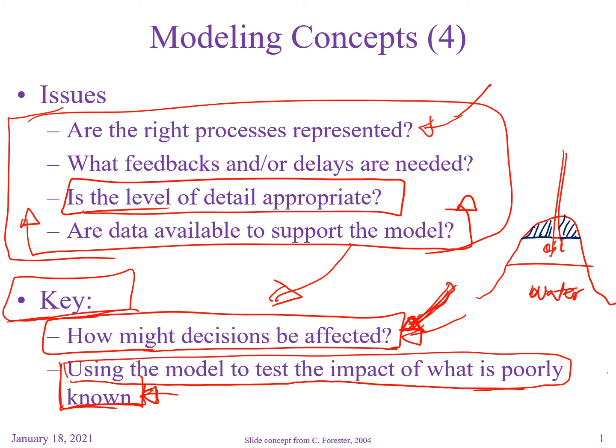But let's assume part of the input parameters to the simulation model that you don't know is the bubble point pressure. So the bubble point pressure is poorly known. So we just use an estimate from, say, a nearby field. Well, whatever simulation results you get will be haunted by the fact that the bubble point pressure is not well known. And the bubble point pressure is what determines when the gas comes out of solution.